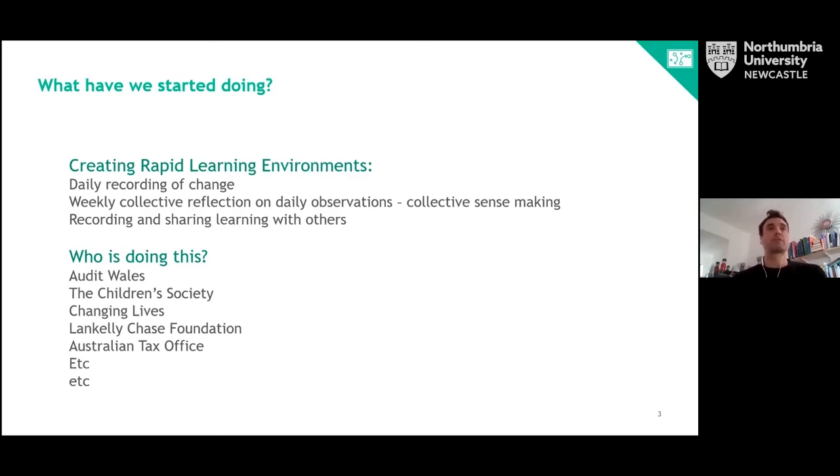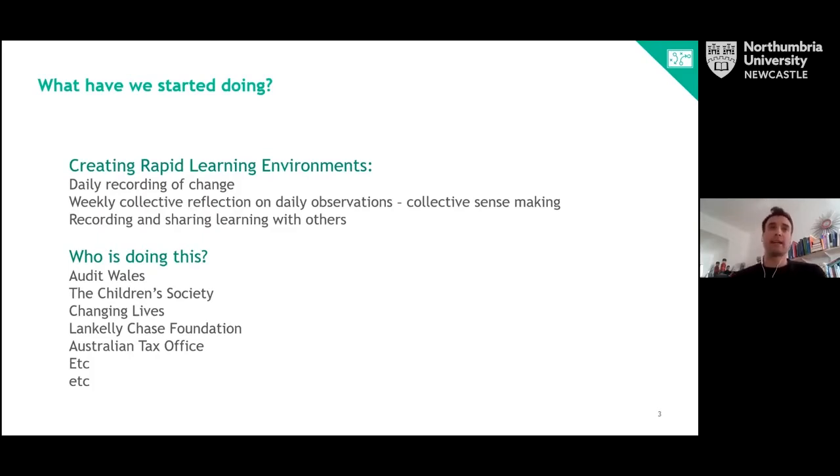the creation of what we might call rapid learning environments. And what do I mean by that? I mean practices of daily recording of change by people who are rapidly rethinking and replanning how their world works.